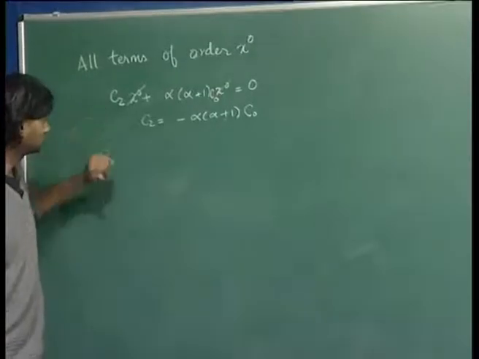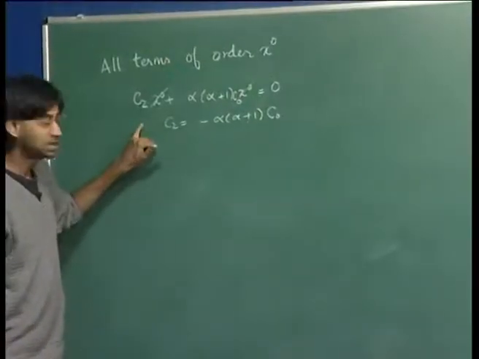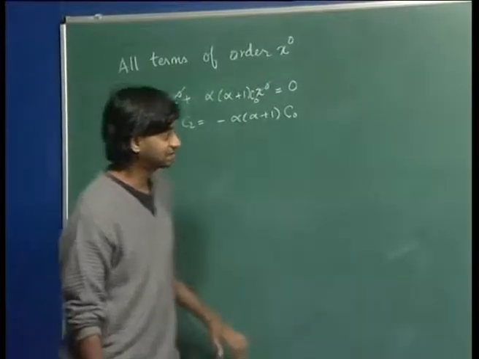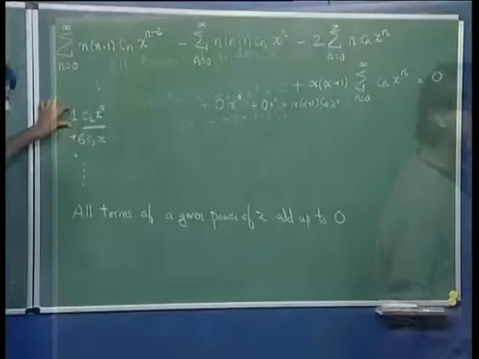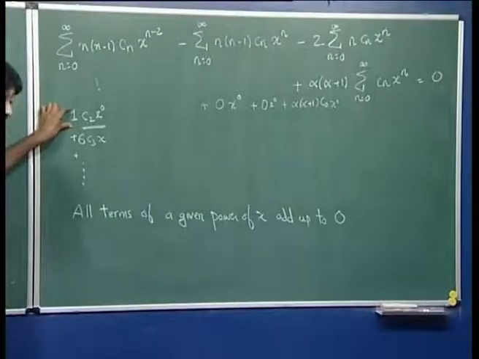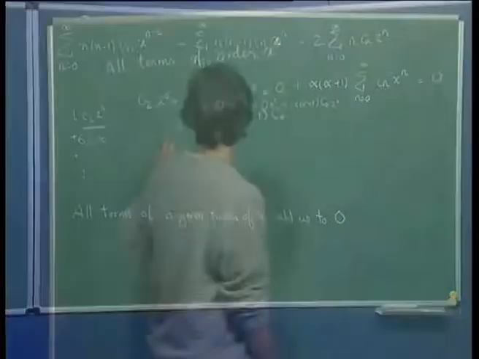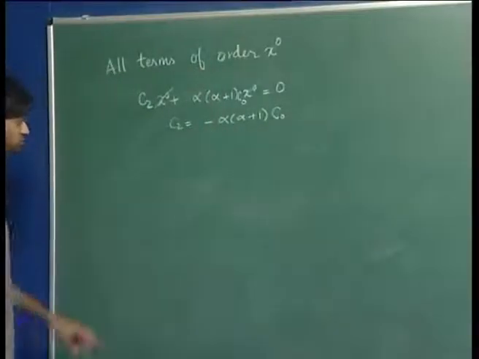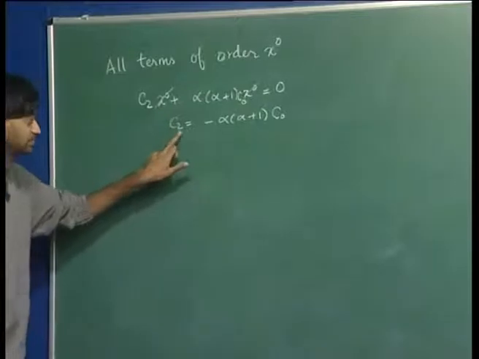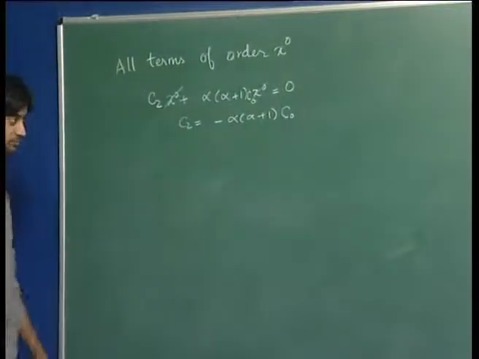Okay. So, notice that by imposing the fact that all terms of x power 0 have to add up to 0, you got a condition between C 2 and C 0. So, C 2 depends on C 0 in this form.